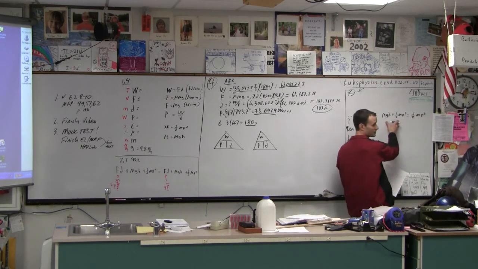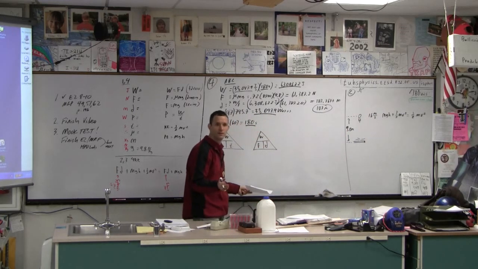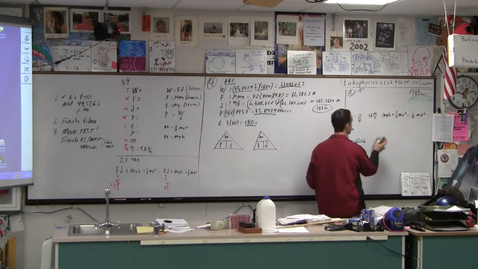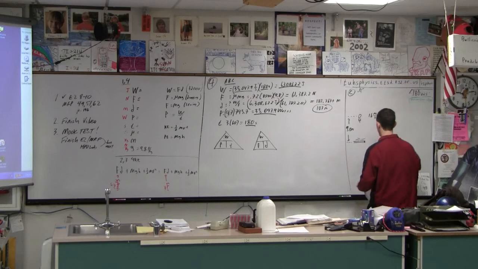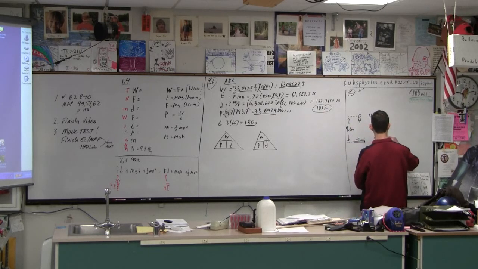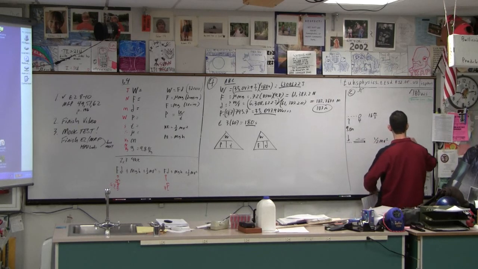This is really before and this is really after. Yeah? But that's okay. Are we okay with that? Or is that too confusing? That's kind of confusing, isn't it? I better write it the other way. Right, so down here it's got only 1/2 mv squared, right? Up here it's got kinetic and potential.